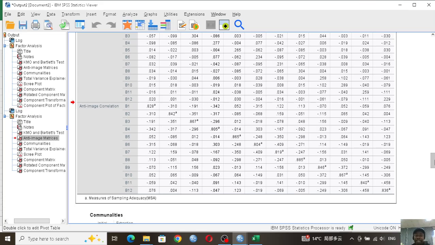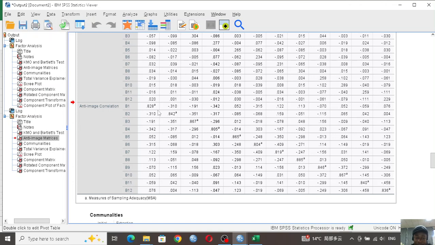So that means each and every one of them. So B1, how does it relate to the group? Does it have a strong relation to the group? Then you check. So you could see that each and every one of them is related enough to be considered for factor analysis. If it is less than 0.5, that means it doesn't have a strong relation to the group, and then we can consider removing it.